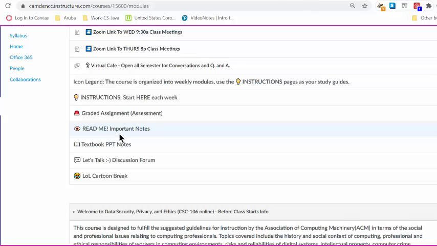The README documents use the eye icon. The textbook PowerPoint notes are posted, and they look like a little book icon. And then we have discussion forums. Each week there will be at least one cartoon to provide a little bit of levity.